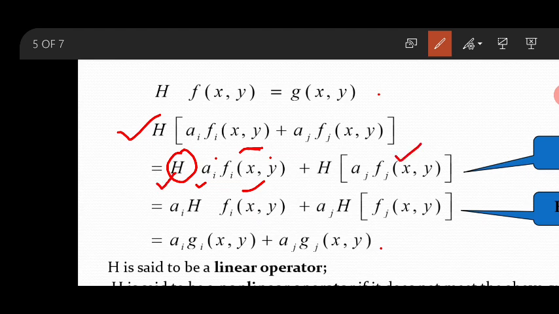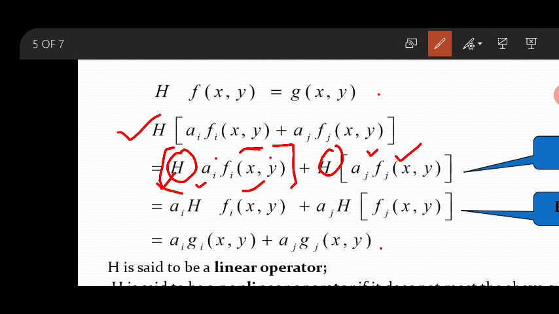Similarly, the fj image, multiply each element with aj, perform the H operator. This will come with a square bracket. After the operation, you will end up with H of ai fi xy, H of aj fj xy, that is a factor.